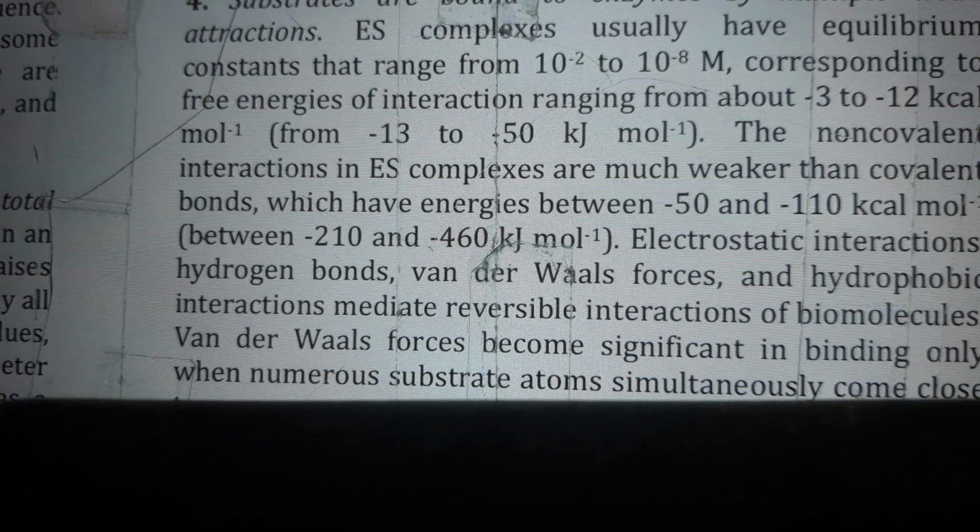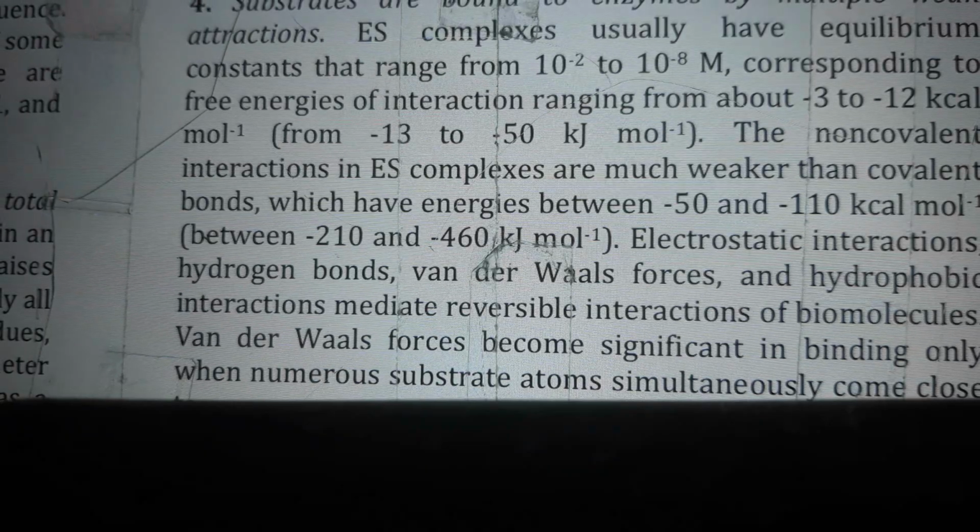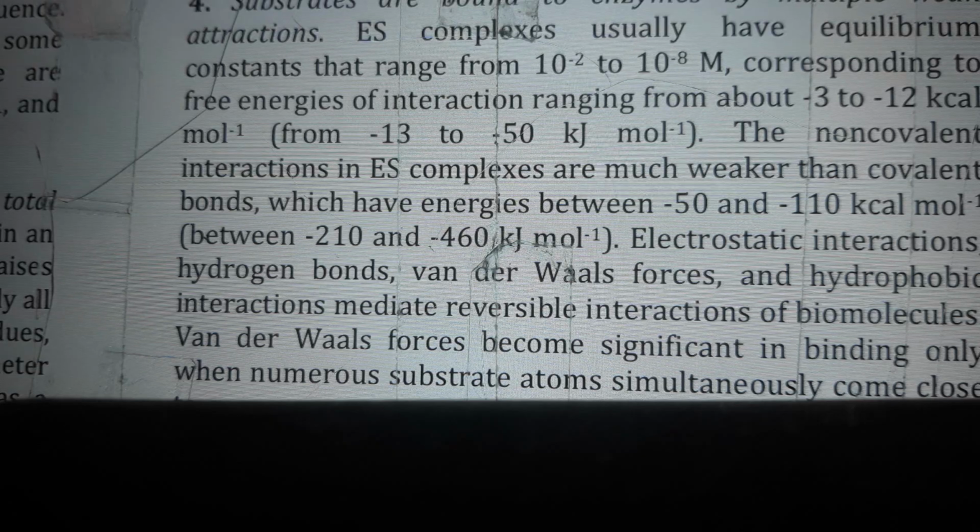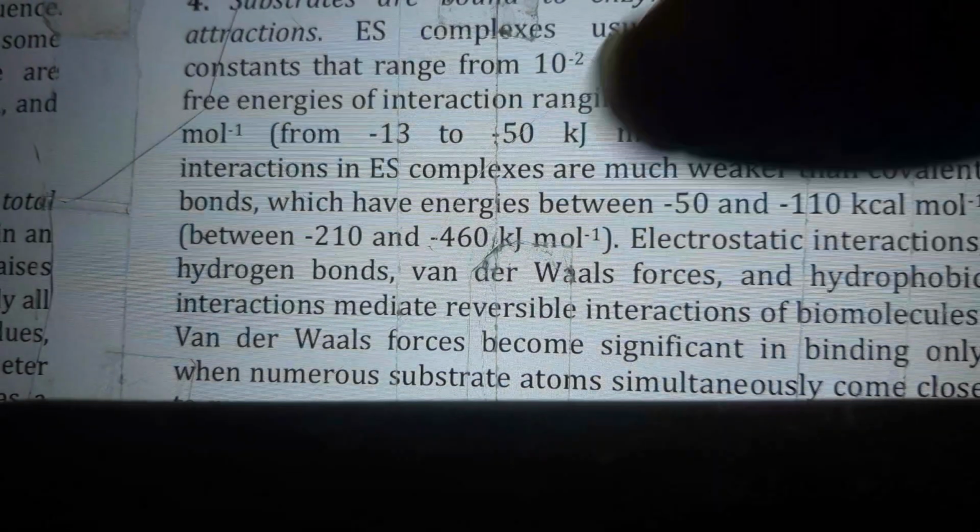The non-covalent interactions in ES complexes are much weaker than covalent bonds, which have energies between minus 50 and minus 110 kilocalories per mole, or between minus 210 and minus 460 kilojoules per mole.